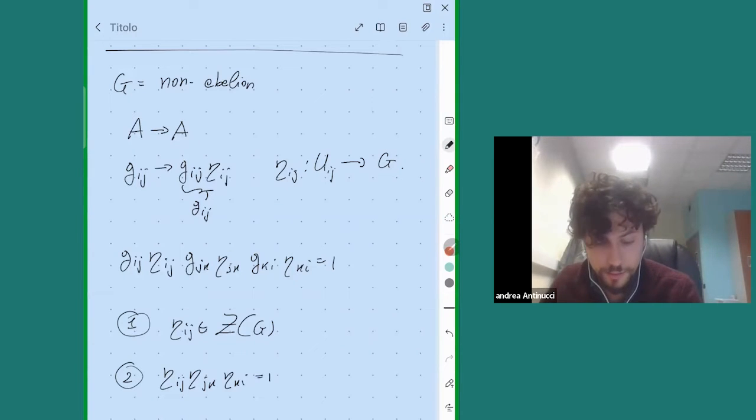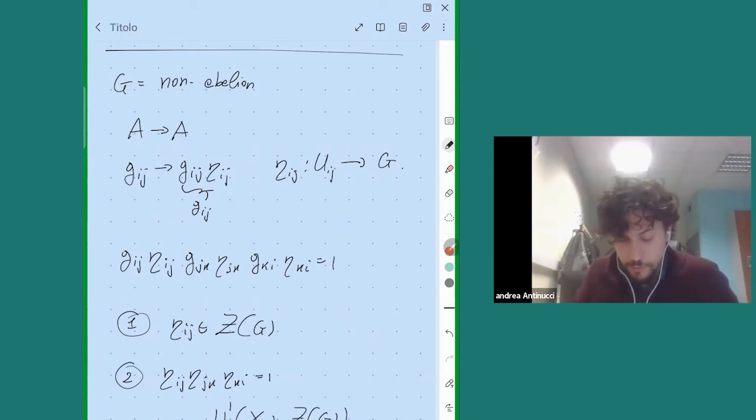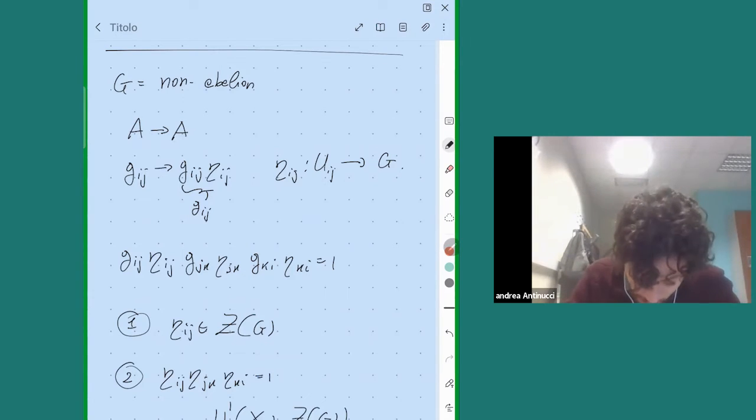Now the cohomology group that you get is much simpler than the Čech cohomology group I was explaining, that basically nobody is ever talking about, because this is just ordinary singular cohomology, cohomology valued in the center. You don't have to discuss these complicated things, because the eta_ij, for this reason, is constant.